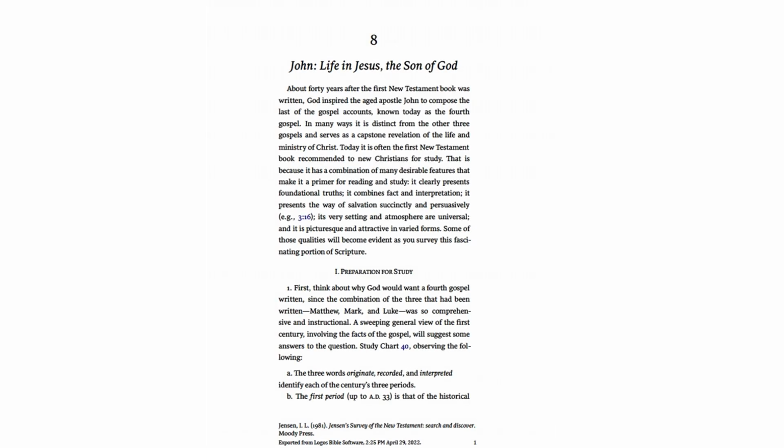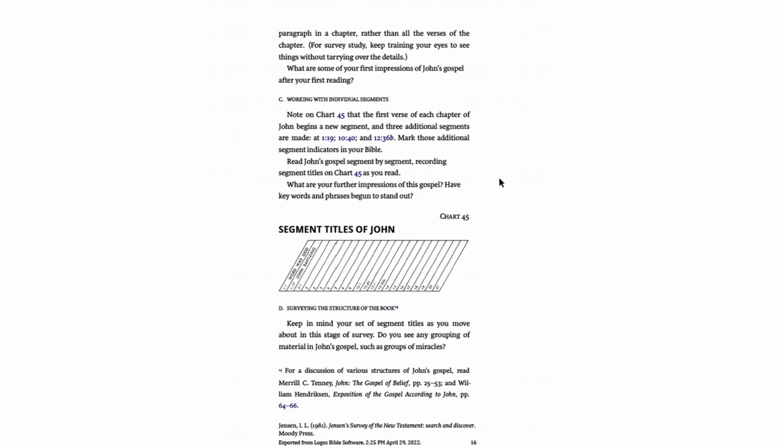One more note about the Chapter 8 download file. This is page 1 of that file, and you could spend lots of time not only reading through this outside source material, Chapter 8 in Jensen's Survey of the New Testament, but also answering questions throughout. So feel free to spend as much time as you want going through this chapter, but the exercise in the chapter that I do want you to work on is on page 16, and it's called Working with Individual Segments.